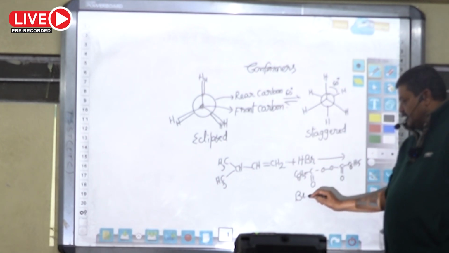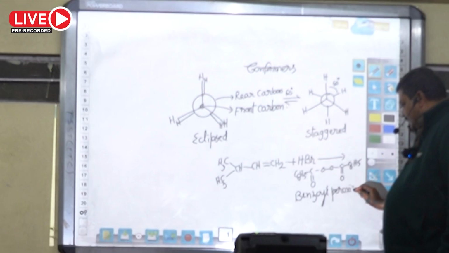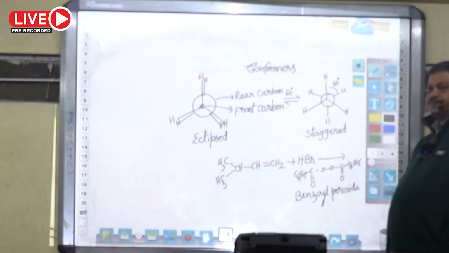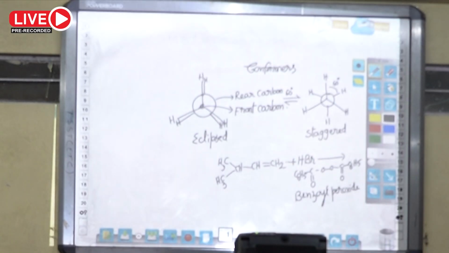So what is the name of this? Benzoyl peroxide. Whenever HBr is added to an alkene in the presence of peroxide, we call it an anti-Markovnikov's addition. So first you have to write, this is an example of anti-Markovnikov's addition.